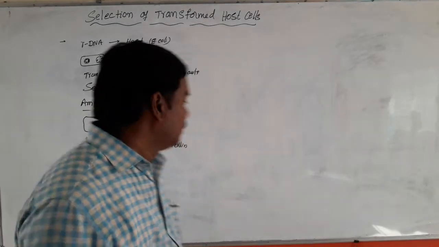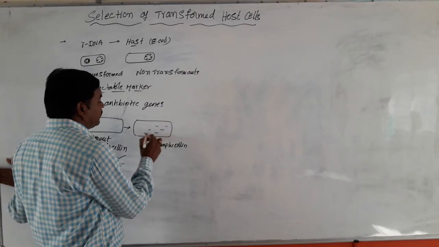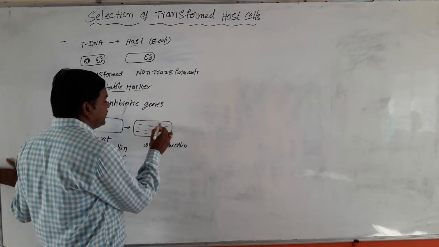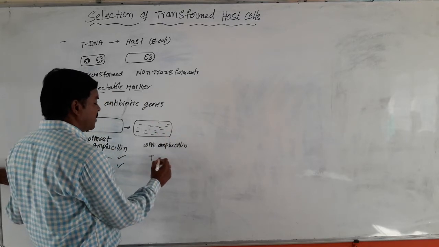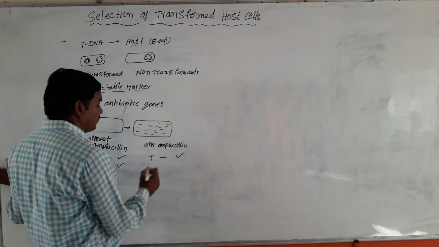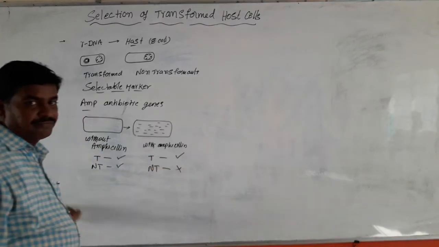Then these bacterial cells are immediately transferred to another medium with the ampicillin. Here, only the transformed cells can survive, and non-transformed cells do not survive.